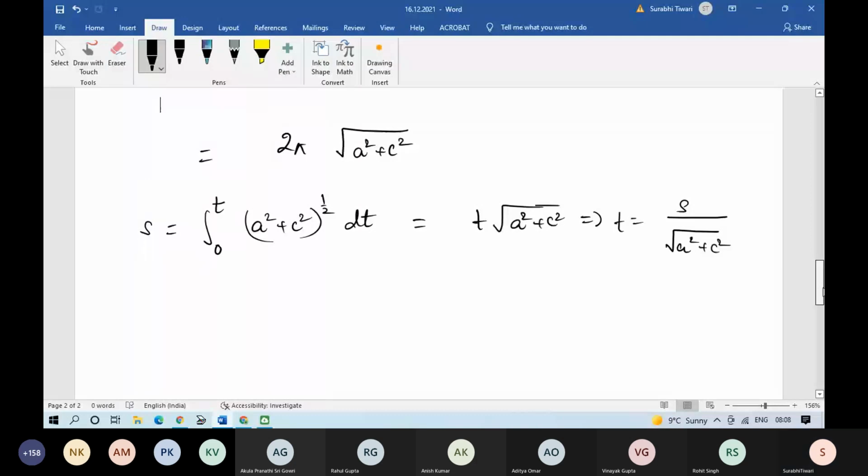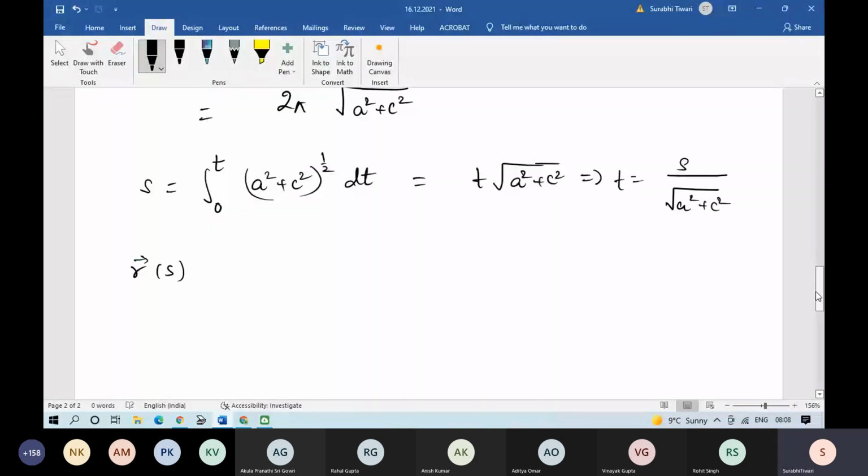Thus R(s) is equal to, now in place of t you have to put this value, s upon √(a² plus c²).